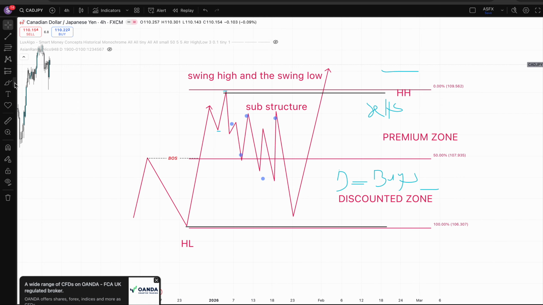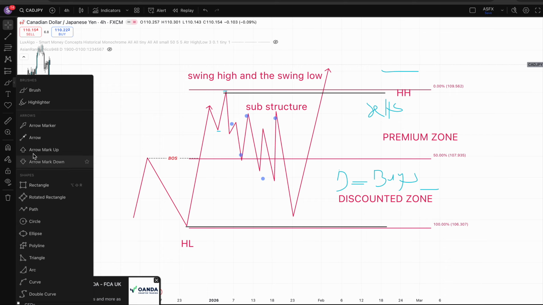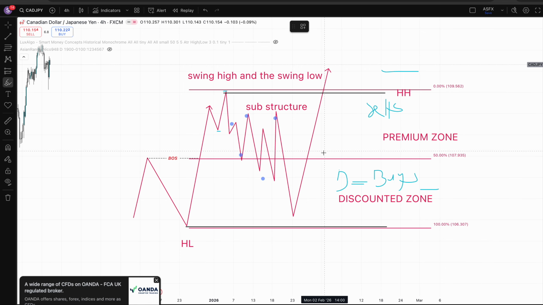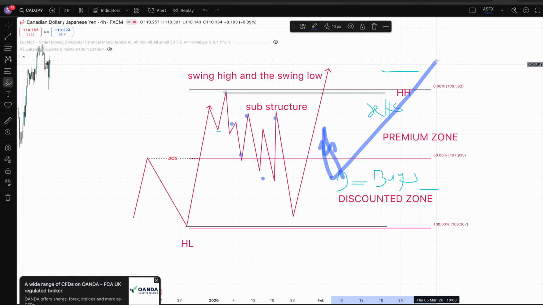You don't want to be buying price here when price is still here, when you still know price has to retrace back to the 50%. Whenever there's a main break of structure in the higher time frame, price has to do a 50% pullback before going back up. Guys, make sure you take note of that.